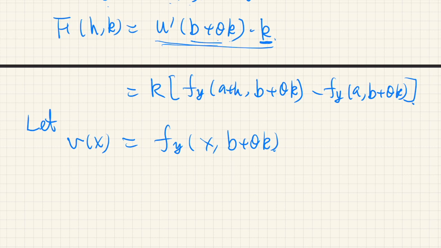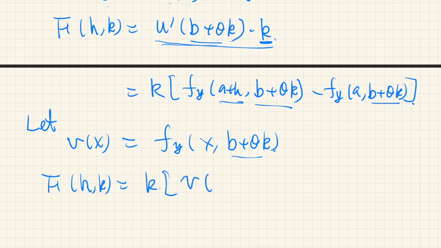Then if we use this expression, f of h, k is expressed as k times v of a plus h minus v of a.